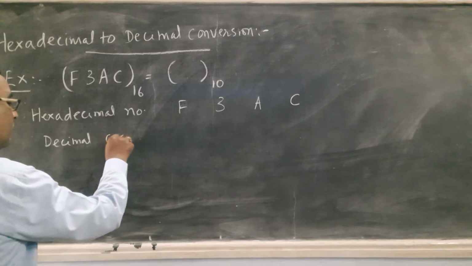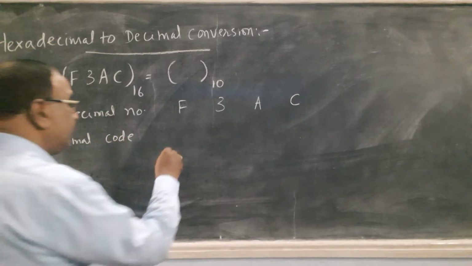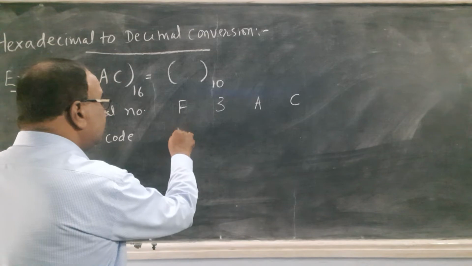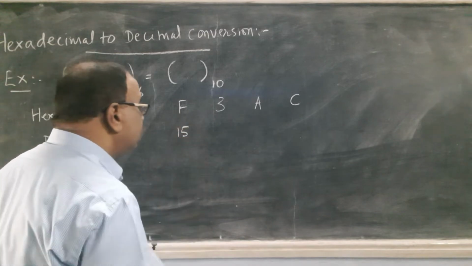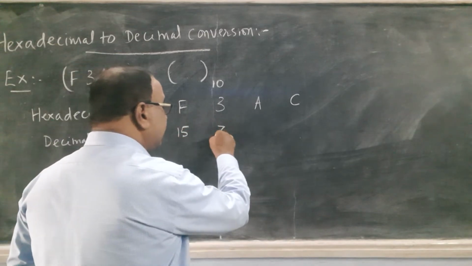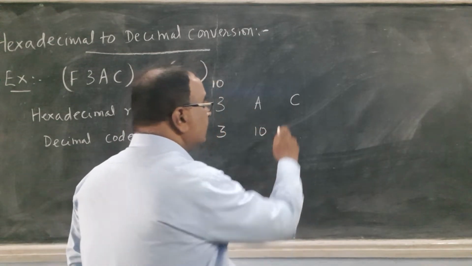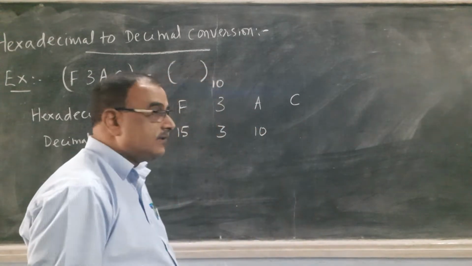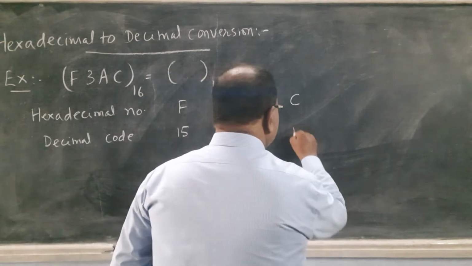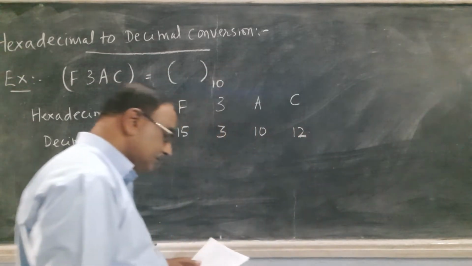Decimal code or decimal equivalent. So for F it is 15, then for 3 you write it as 3 itself, for A it is 10 and for C it is 12, right?